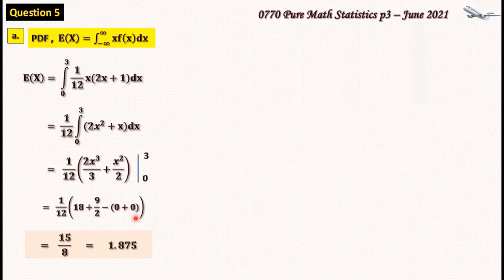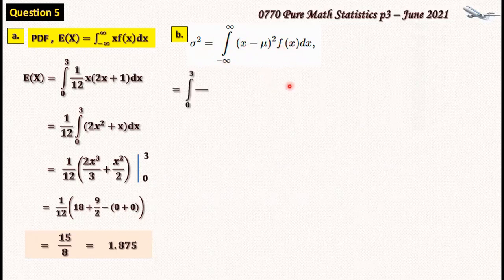Now the variance. Var x, or sigma squared, is given by the integral from negative infinity to positive infinity of (x minus mu) squared f of x dx. So this is going to be equal to the integral of (x minus mu) all squared, into f of x dx, where f of x is 1 over 12 into 2x plus 1.